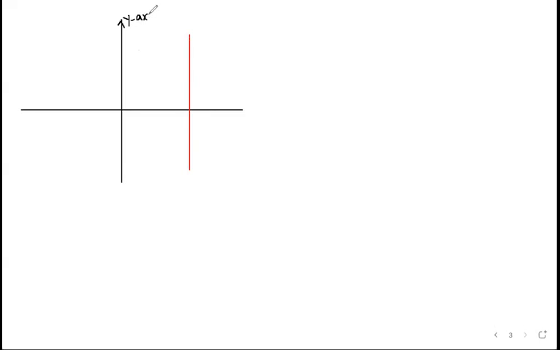Now, if my line looks like this, so this is my Cartesian plane, a vertical line. Here is the y-axis, and this is my x-axis, and I have to choose any 2 points.